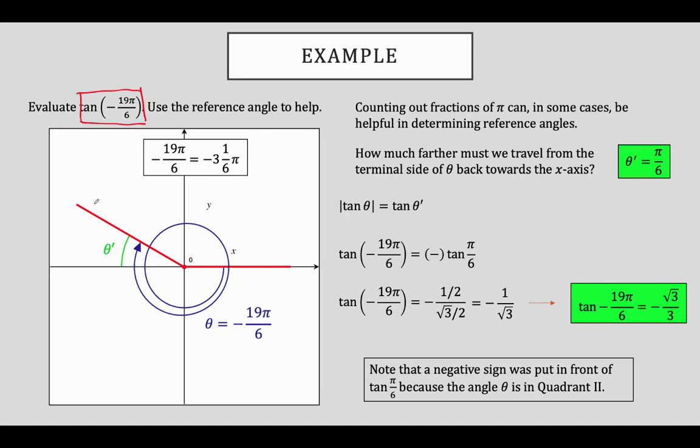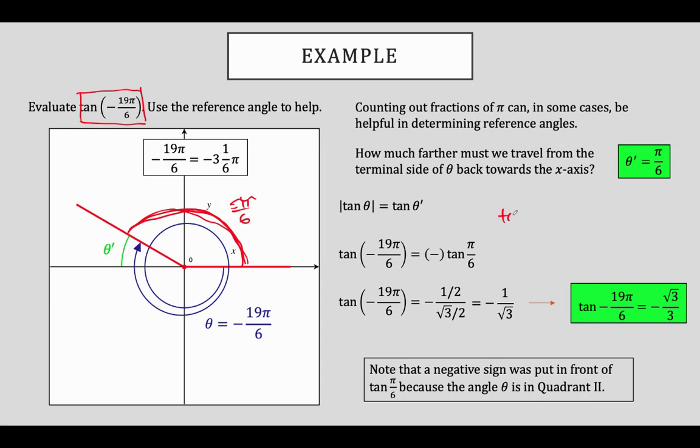Is it absolutely necessary? No. Another way to think about this is to consider just using another angle that shares the exact same terminal side. Notice that our angle negative 19 pi over 6 terminates in the exact same location as the angle 5 pi over 6. So what would be another way to go about solving this?